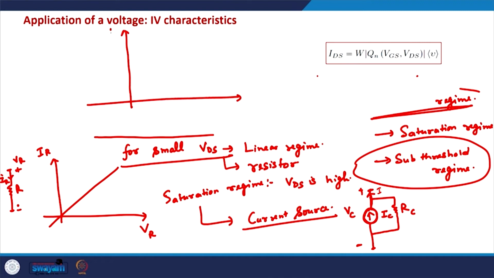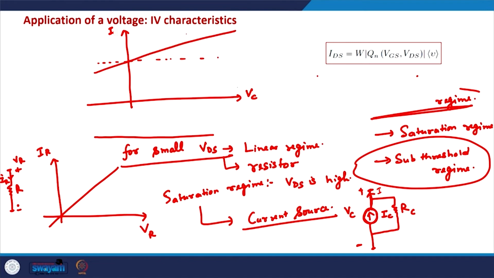The current I versus Vc, where Vc is the voltage across the current source, I is the current. An ideal current source will have characteristics like this. The current will be independent of the voltage applied across it. But a practical current source will have the IV characteristics that look something like this. This is the ideal case, so it will be a slight deviation from the ideal case.